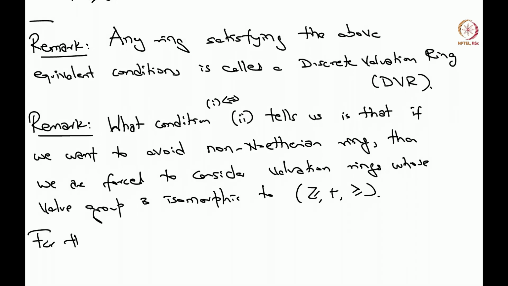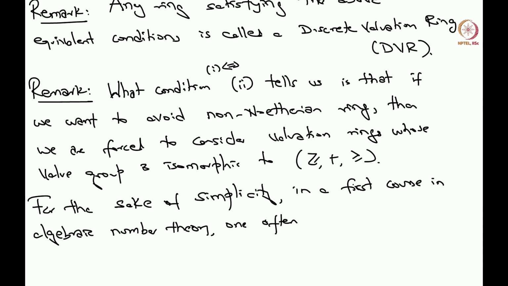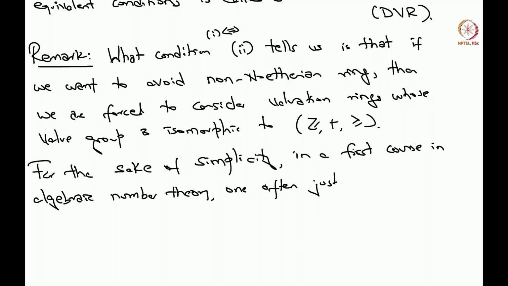For the sake of simplicity, in a first course in algebraic number theory, one often just considers discrete valuation rings instead of general valuation rings.